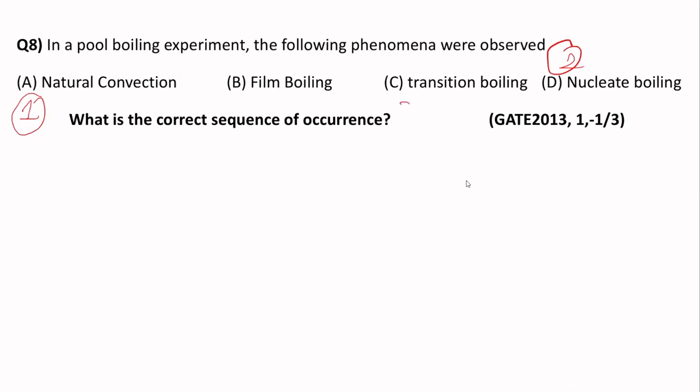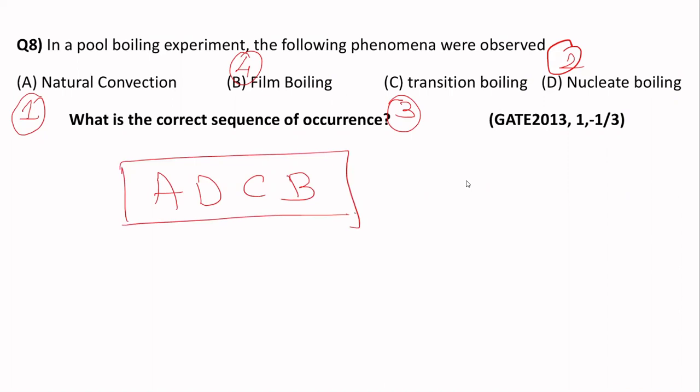So we have a transition boiling regime, and then now a stable film has formed, and film boiling has started. So the correct order will be A, D, C, B. This is the correct answer. So in the GATE exam, there were multiple options, and you had to choose the correct one.